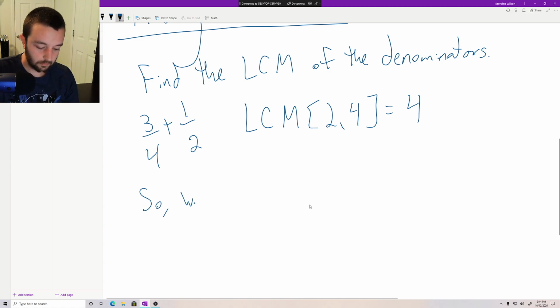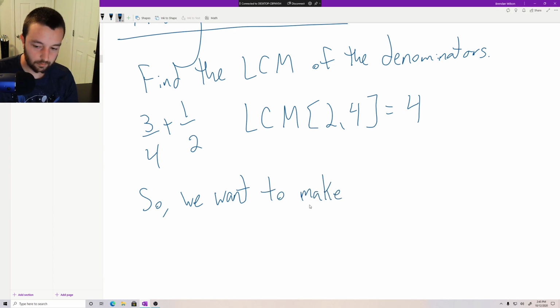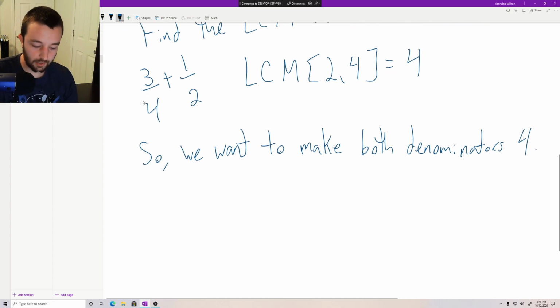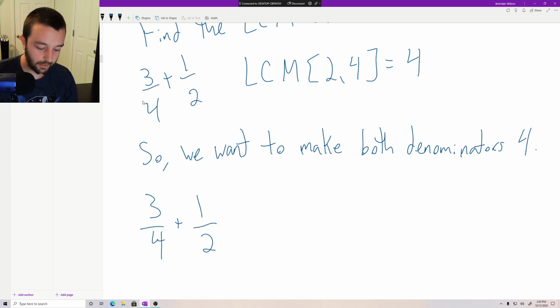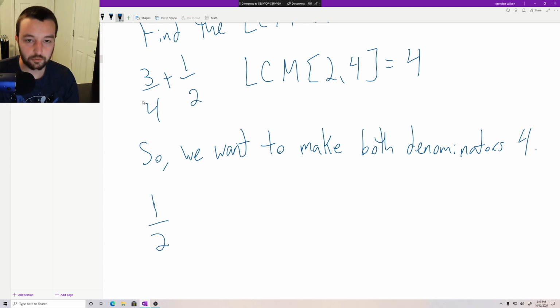So we want to make both denominators 4. One of them already is 4, so that one we don't even need to touch. But the second one, 1/2. Actually, let's focus just on the 1/2 for a minute. The 3/4 already has a denominator of 4, so we don't need to change it. The 1/2, though, we do need to change. What do we do to make it 4?